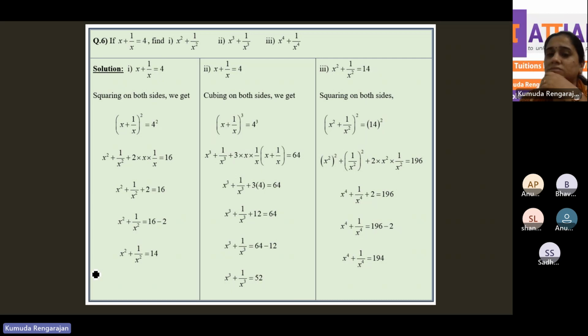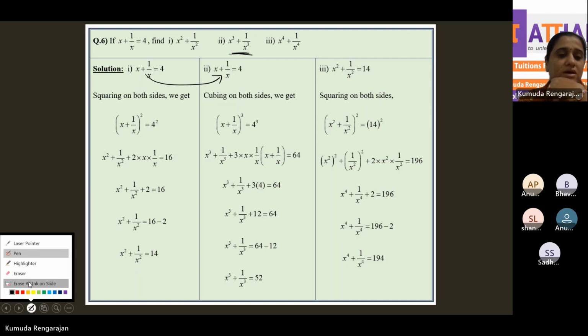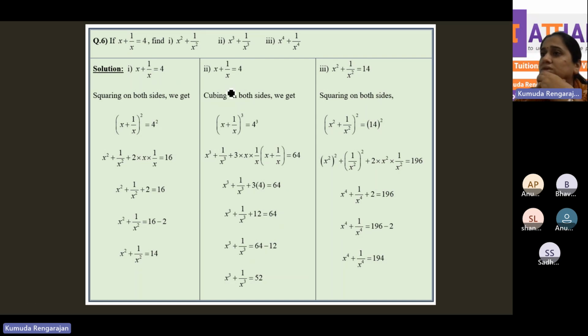All right? Okay. Now to find the value of x cubed plus 1 by x cubed, write down the same equation and cube it on both the sides. All right? Okay. So x plus 1 by x the whole cube is equal to 4 cube, correct? Now what is a plus b the whole cube? a cube plus b cube plus 3ab into a plus b.